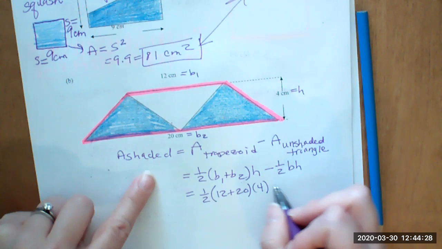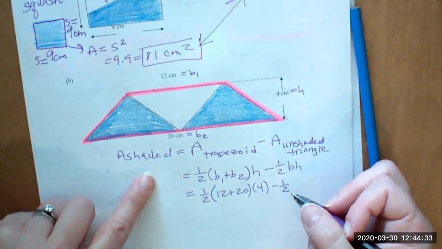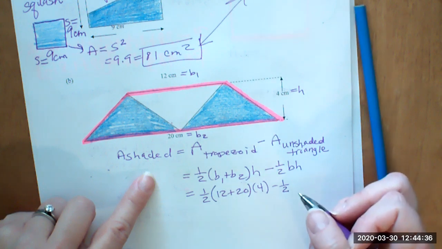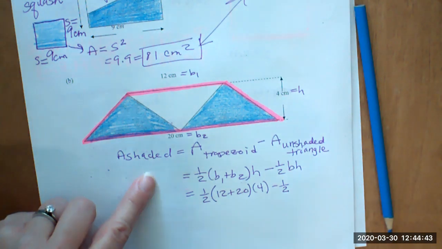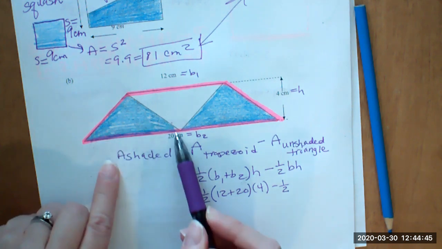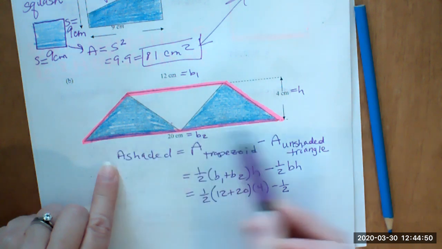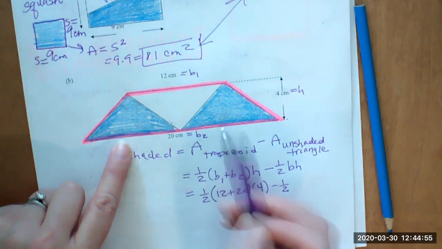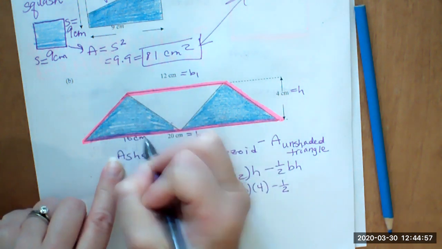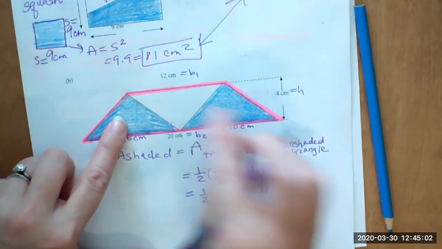And we also have here the base of that triangle, so you have to think about what the base is of that triangle. What you'll notice is that this whole base here is 20, so each of these triangles is going to have 10 centimeters here, 10 centimeters here.